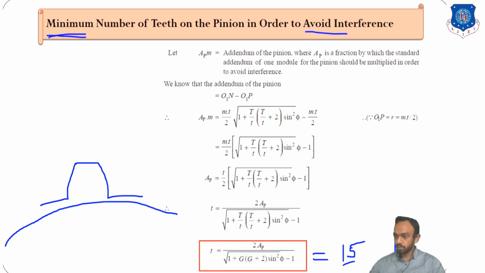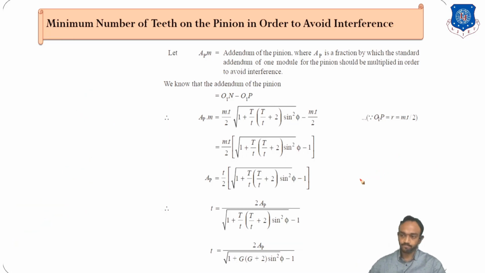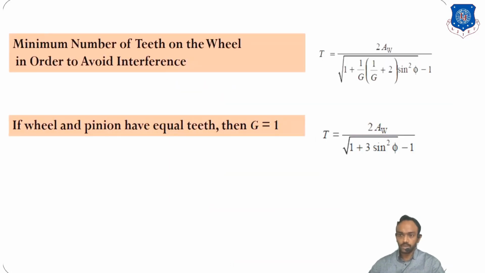If I am making only 12 teeth on that gear, what will happen? The teeth will become larger, because on a gear, as the number of teeth increases, the size of the teeth decreases. So as the number decreases, the size will increase, and the larger the size, the possibility of interference is higher. So this is the minimum number of teeth to avoid the interference.